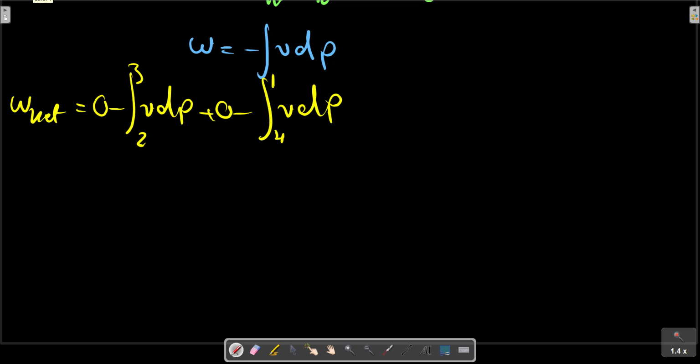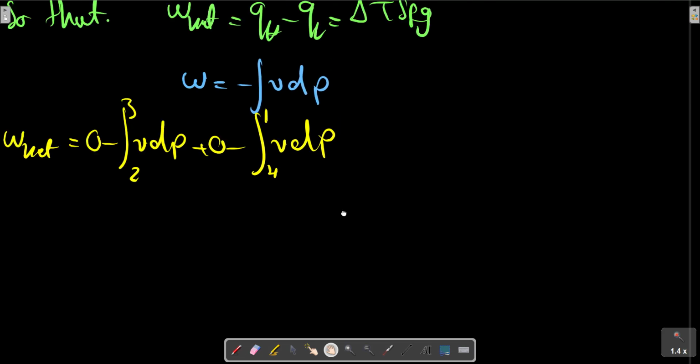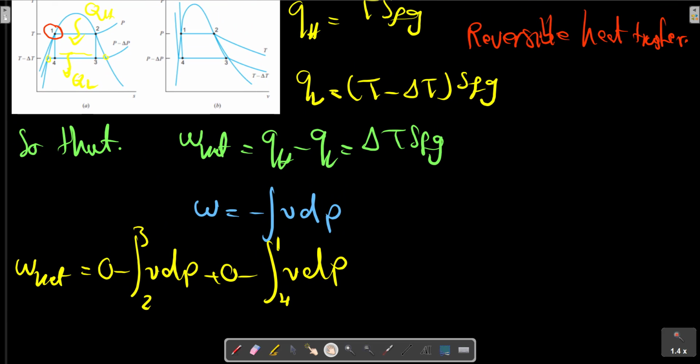The two works will be done between processes 2 and 3 and 1 and 4.